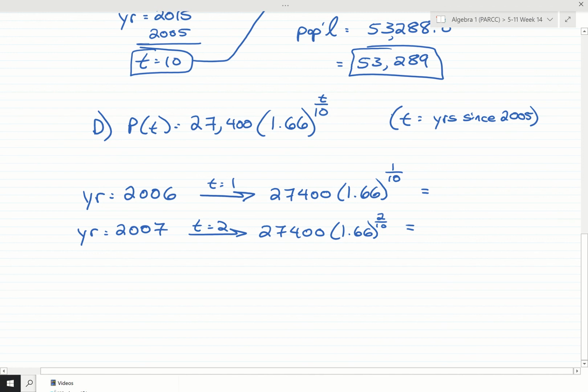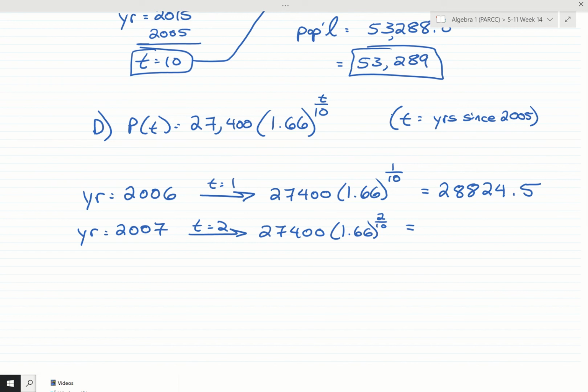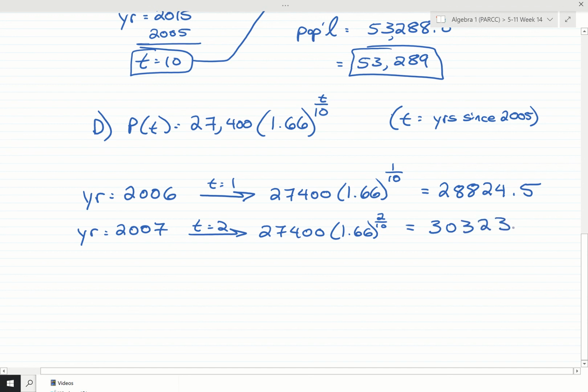All right, so I'm going to type that first one into my calculator. 27,400 times 1.66 to the power of 1 divided by 10. And that comes out to 28,824.5. And in 2007, I'm going to type the same exact equation, but I'm going to write it to the power of 2 over 10. And that's 30,323.0.